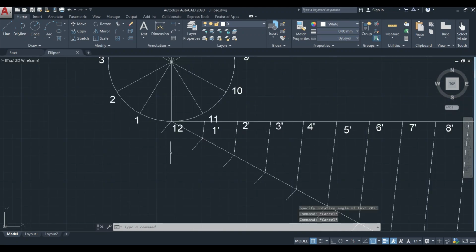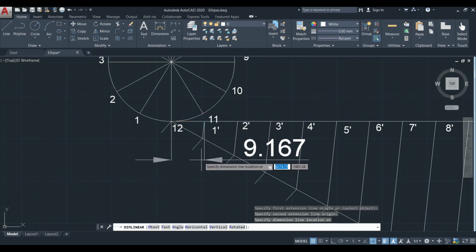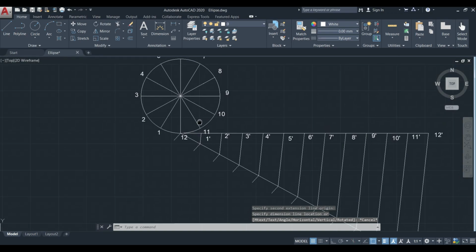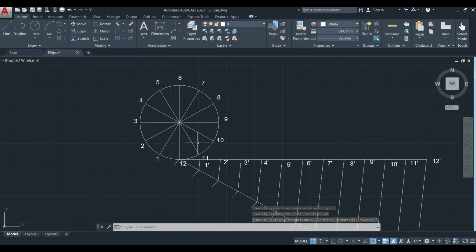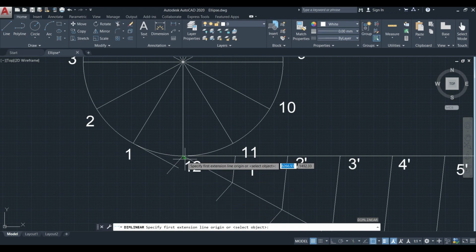Next step is we have to measure the line between the point 12 here and 1 dash. This is 9.167 mm. So with this particular length of 9.167, we have to draw a tangent connecting the point 1 like this. Next we have to measure the line between the point 12 and 2 dash here.